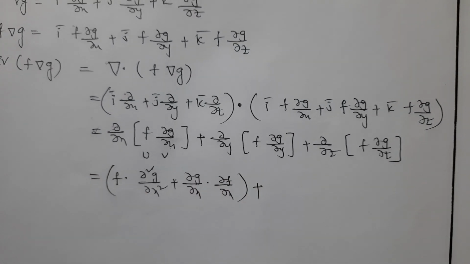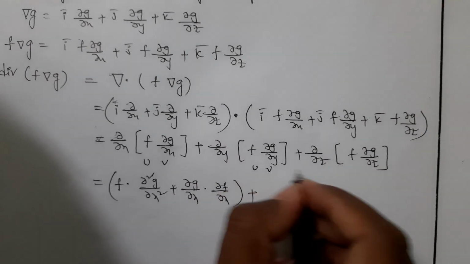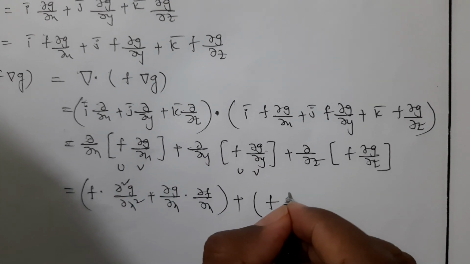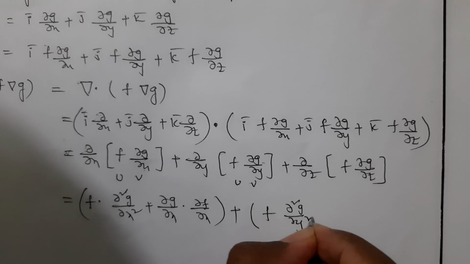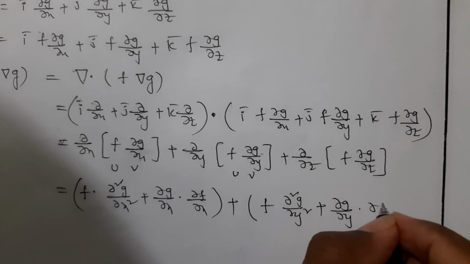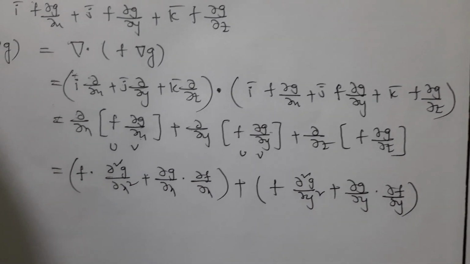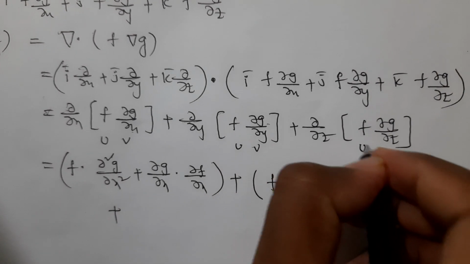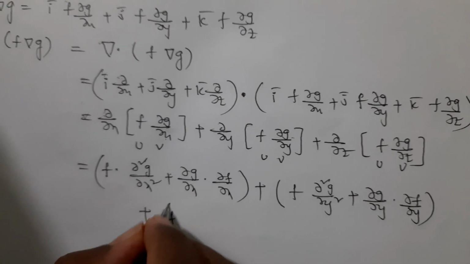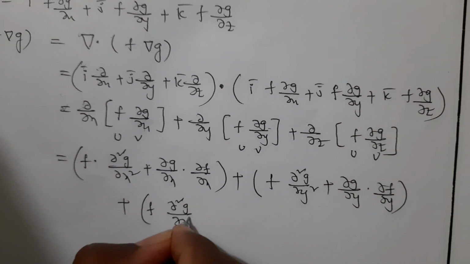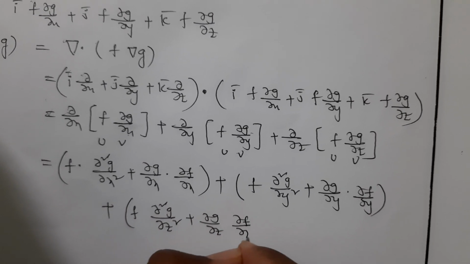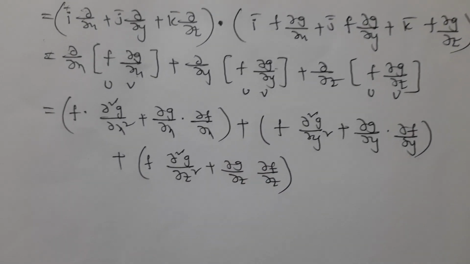Similarly for y: f into dou square g by dou y square plus dou g by dou y into dou f by dou y. Apply that uv derivative formula. f into dou square g by dou z square plus dou g by dou z into dou f by dou z. Differentiate partially with respect to z.